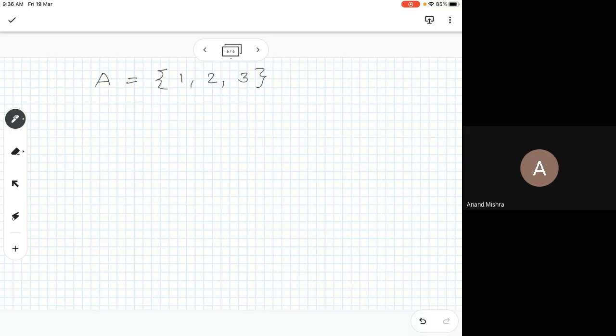So you are defining the relationship between A and A, so all the relationships are defined over this particular set. You can actually pair it up like this: you have 1, 2, and 3 on both sides.